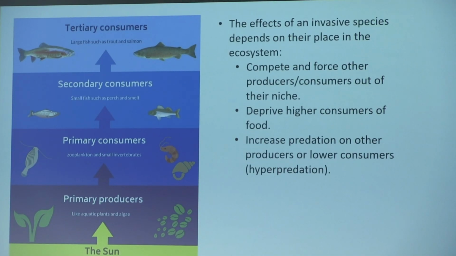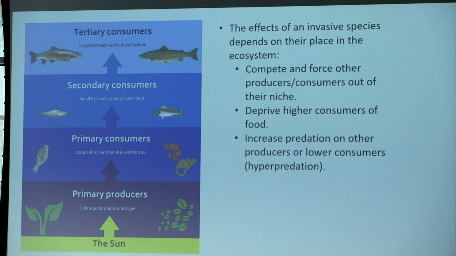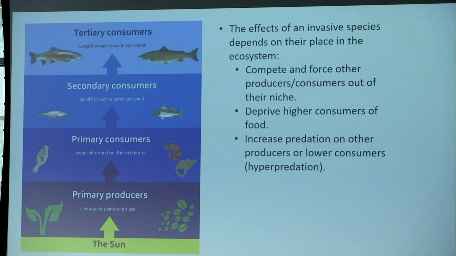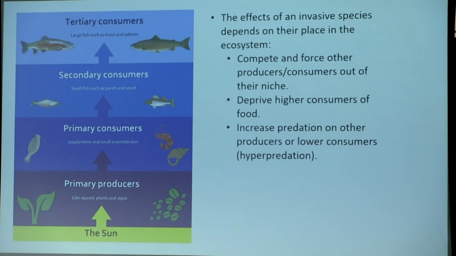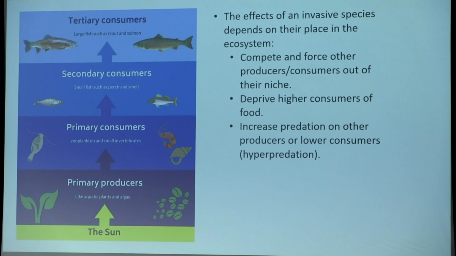Before I get into specific species, I just wanted to expand upon the food web. When we have an invasive species, we have to look at what place it occupies in the food web. To begin with, we have the sun, which feeds into primary producers like plants and phytoplankton. Then we have primary consumers that eat the plants and phytoplankton. Primary consumers are a really important stage in the food web.